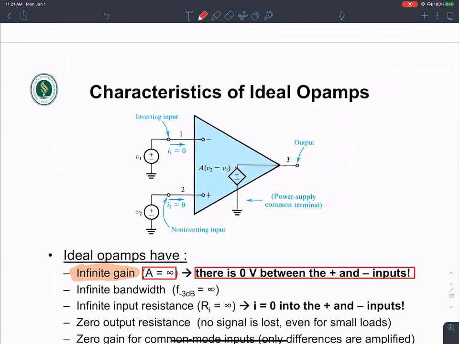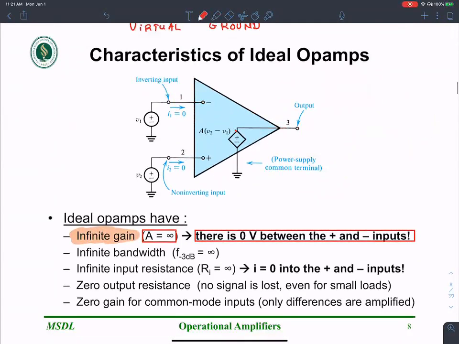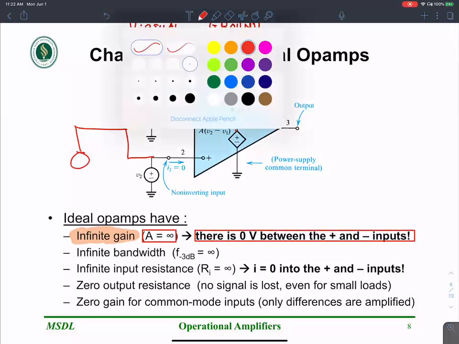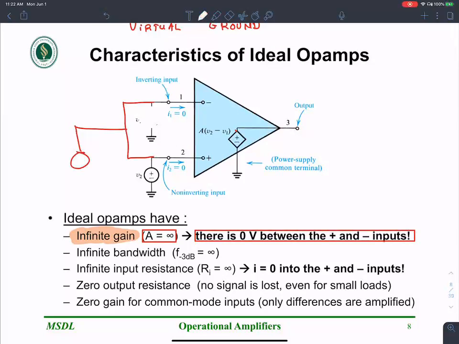Sorry, my question I had before was about the last ideal op-amp assumption, the zero gain for common mode inputs. Does that mean there's no output if the two inputs are the same, or does that mean you just have zero gain? Yes. When you tie these two together, I'm sorry I missed your question earlier. No worries.